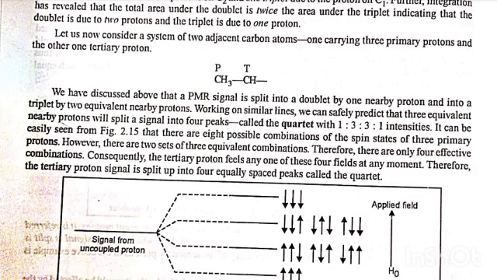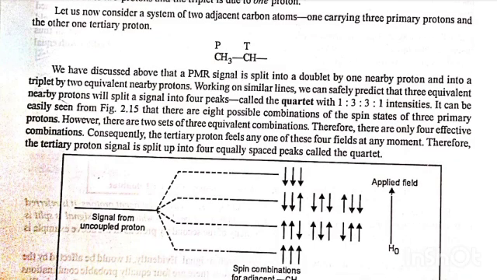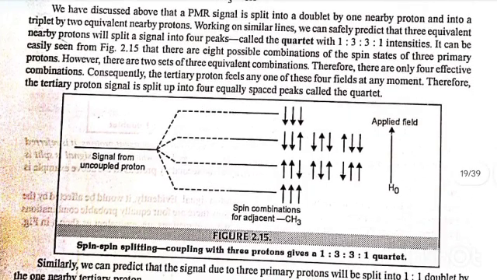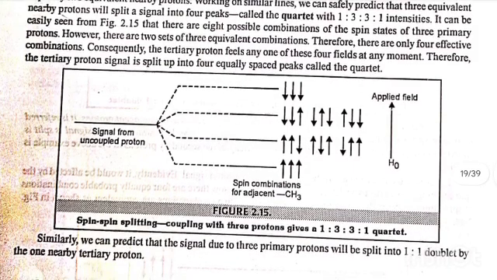Let us now consider a system of two adjacent carbon atoms, one carrying three primary protons and the other one tertiary proton. We have discussed above that the PMR signal is split into a doublet by one nearby proton and into a triplet by two equivalent nearby protons. Working on similar lines, we can safely predict the effect of three equivalent protons. It is easily seen that there are 8 possible combinations of the spin state of 3 primary protons.